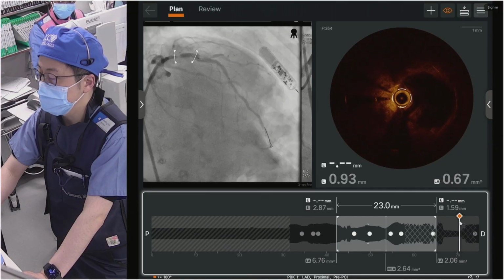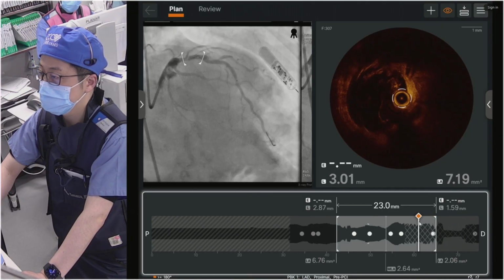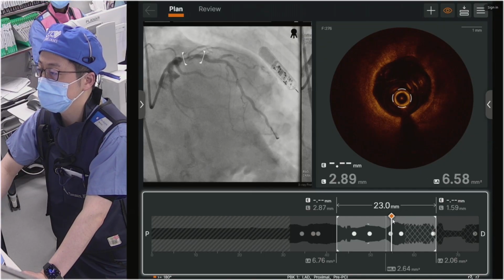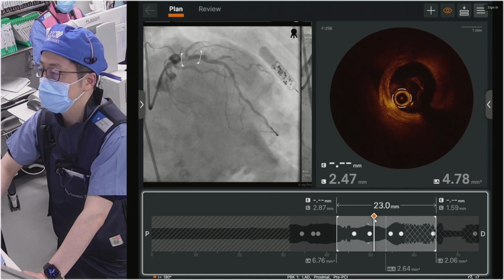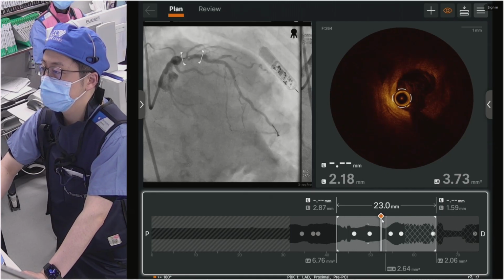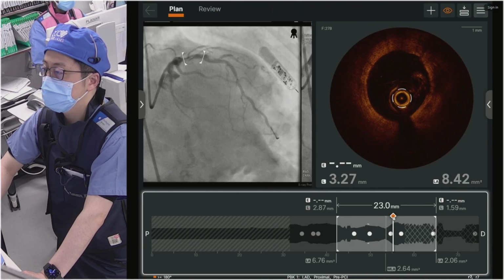The mid has some previous stent, but here is open. So it's prior stent? Yeah, but not much intima. So this is the tightest lesion. It looks like not calcium. Where is the calcium? Do you see calcium or no?